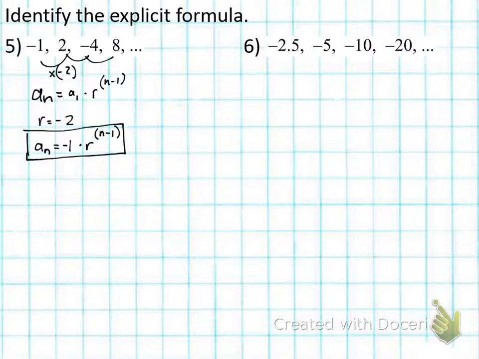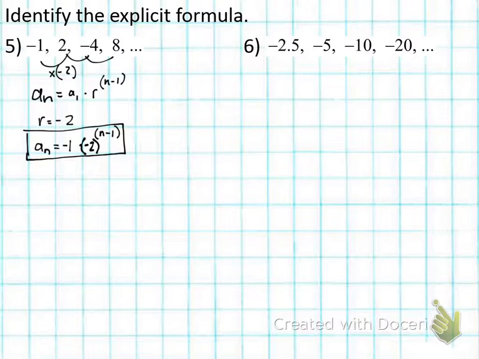Okay, and actually it should say right here. Let me clean this up a little bit. R right here is -2, so we're going to put -2 here. Okay, so that's the answer for number 5. I'm going to put -2 in its own parentheses because I want that to be there.